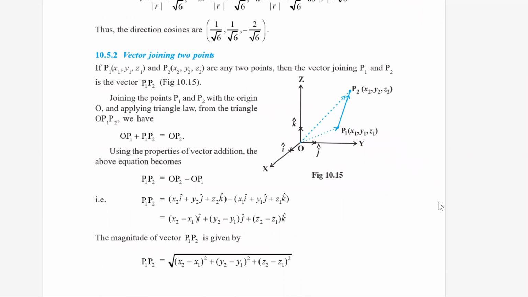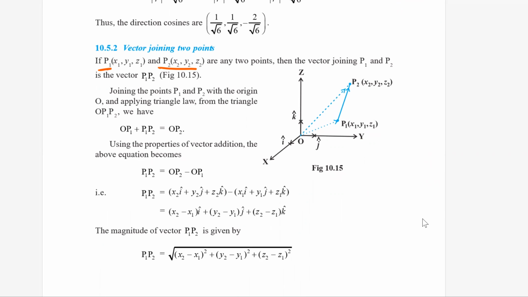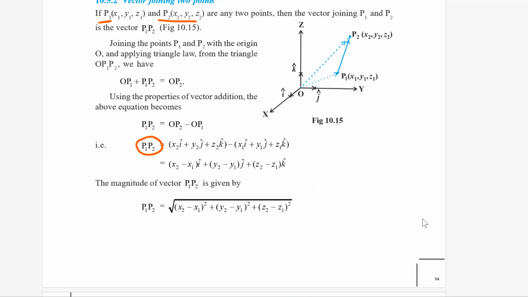Then vectors joining 2 points. Suppose there is a point P1 whose coordinates are x1, y1 and z1, and P2 whose coordinates are x2, y2 and z2. Then vector P1P2 will be given by x2 minus x1 i cap plus y2 minus y1 j cap plus z2 minus z1 k cap.